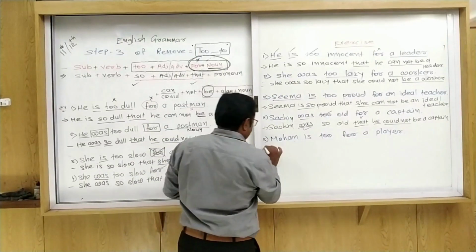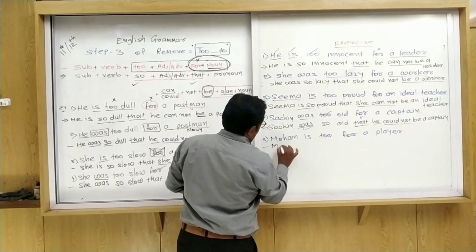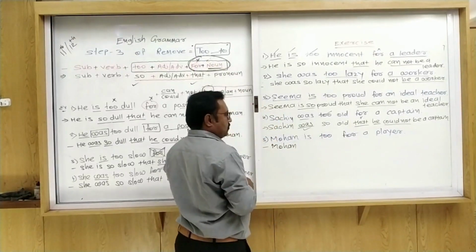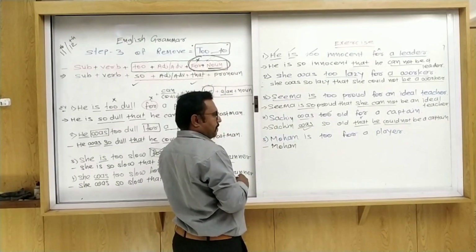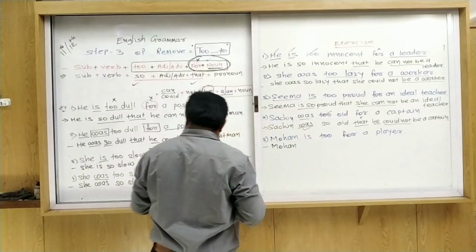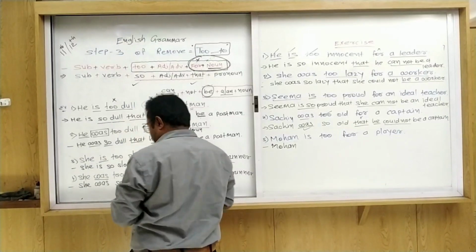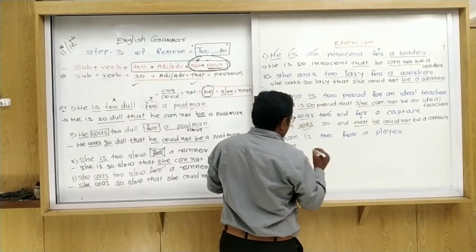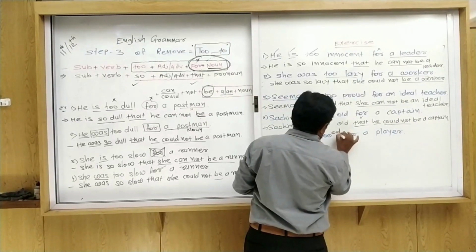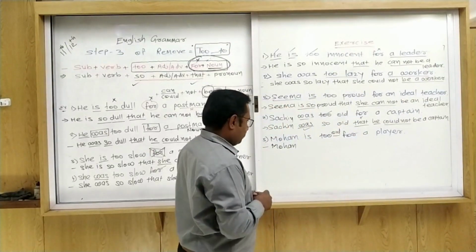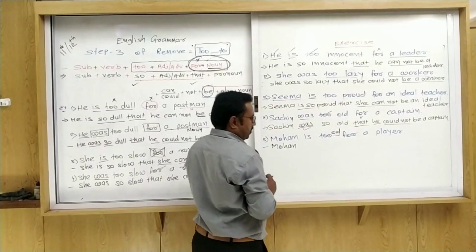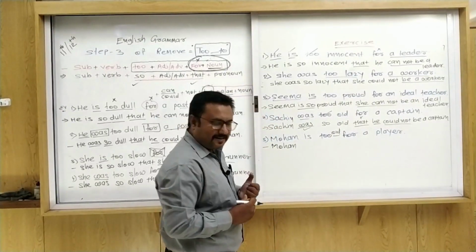Now last one, Mohan is too for a player. I think we forgot the adjective. So we can write here, Mohan is too old for a player. Suppose we use the adjective old here. Sorry, I forgot the adjective.